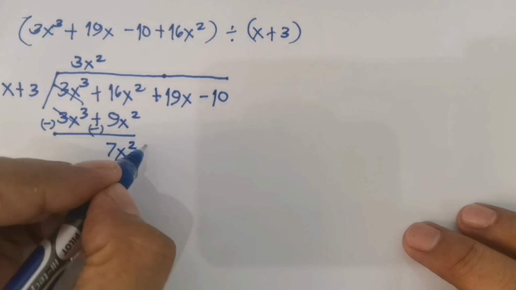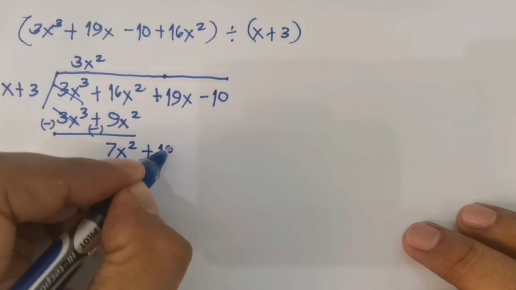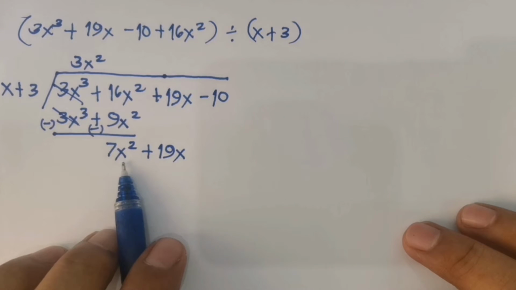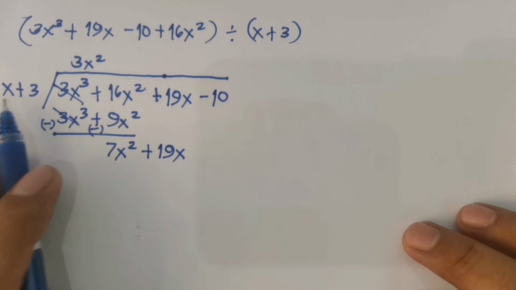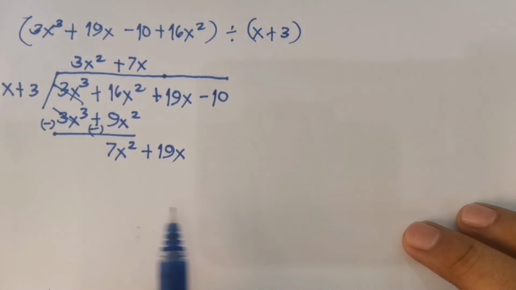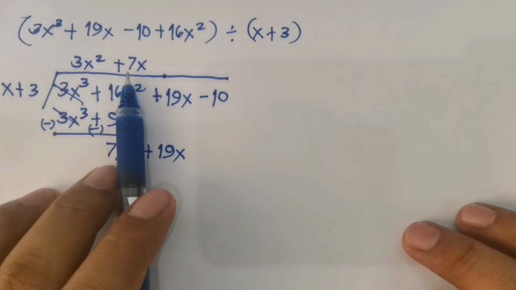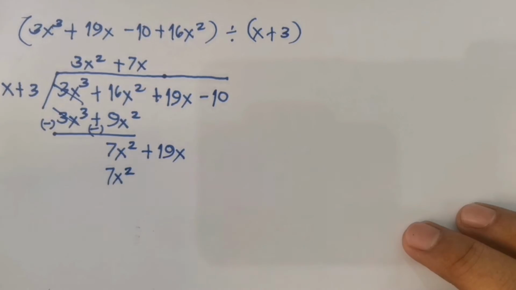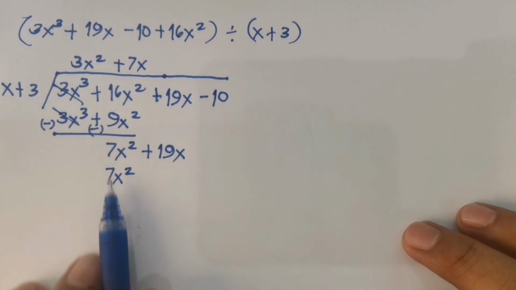Okay, bring down the third term, which is 19x. Dividing again, 7x squared by x, it's positive 7x. 7x times x is 7x squared. You will notice in this part, after we multiply, dapat lagi silang pareho.